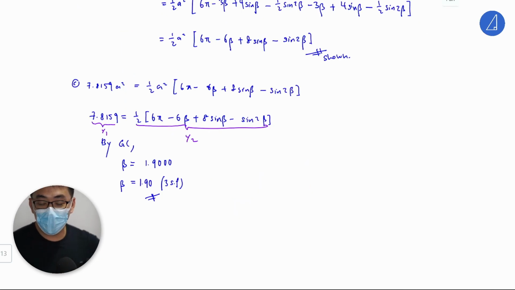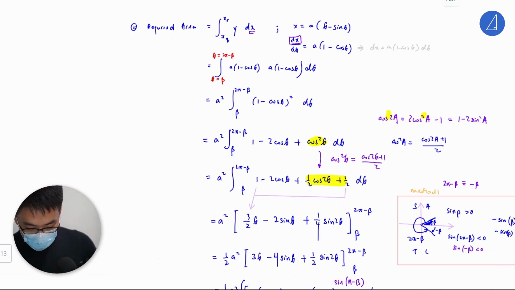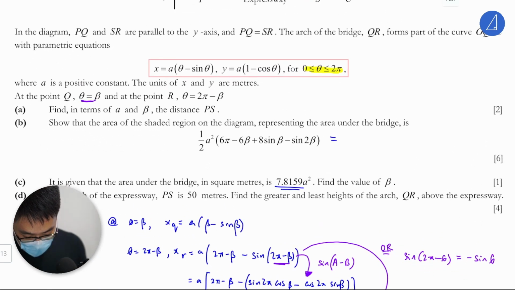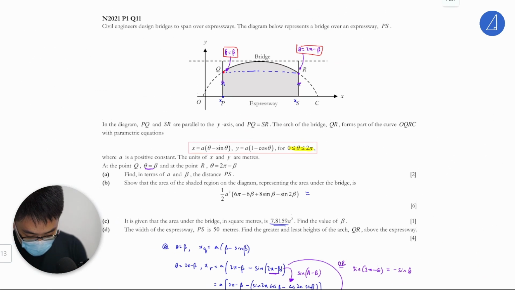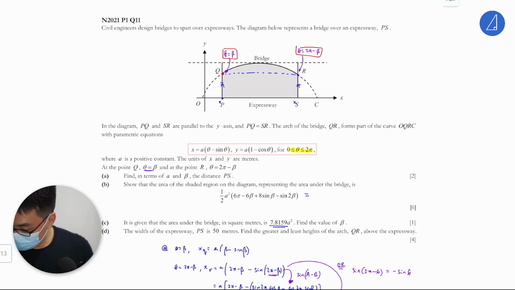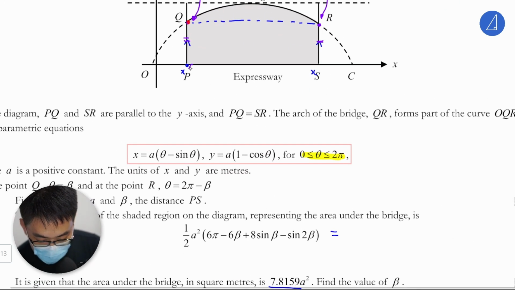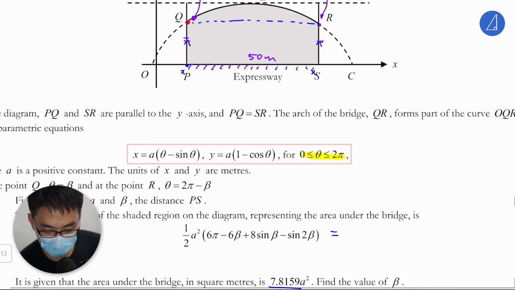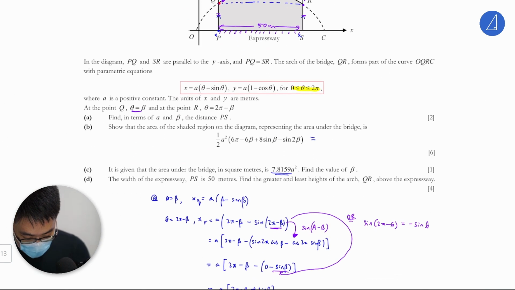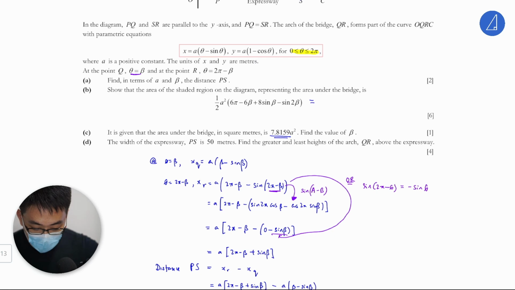The width of the expressway is actually 50 meters. So PS is 50. This is 50. Okay, so this is expressway. So this is 50 meters. Great. Then find the greater and least height of the arc QR above the express.